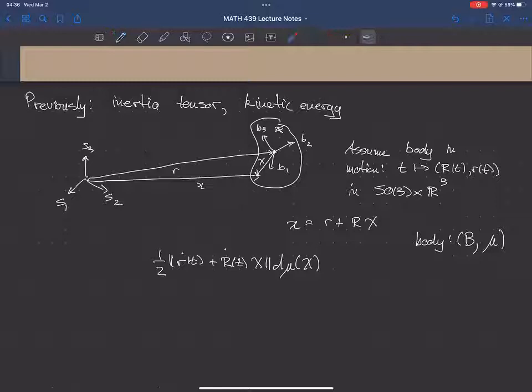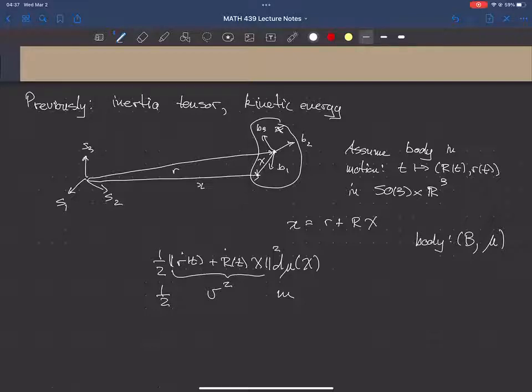And so in this expression, chi here is a point in the body measured in the body frame, and so that's independent of t. Okay, and so the point is this is 1/2 v squared m, intuitively speaking. And so v squared is all of that stuff, and that's squared.